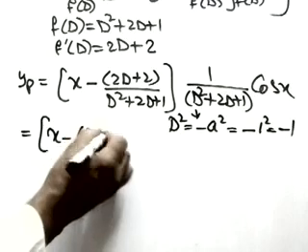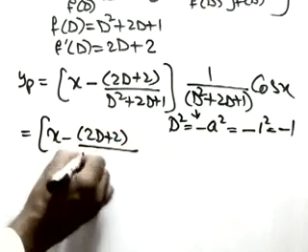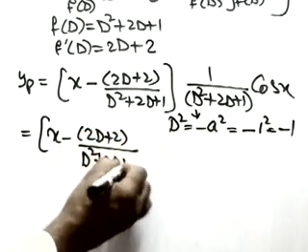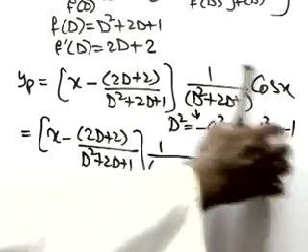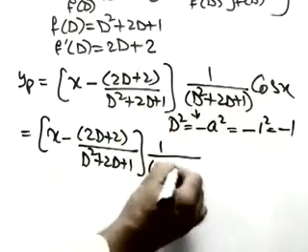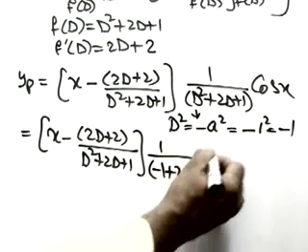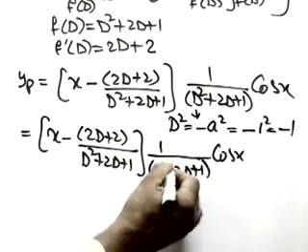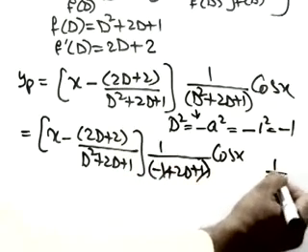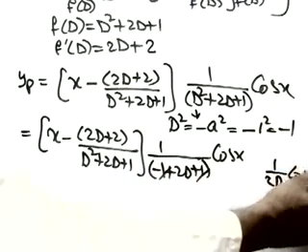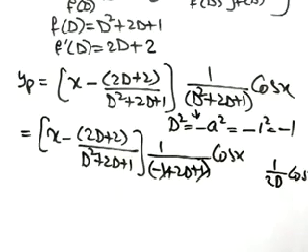Write the remaining terms as they are: x minus 2d plus 2 by d square plus 2d plus 1, bracket, 1 divided by, in place of d square keeping minus 1, minus 1 plus 2d plus 1, cos x. Minus 1 plus 1 cancel. What we are left with is 1 by 2d cos x.